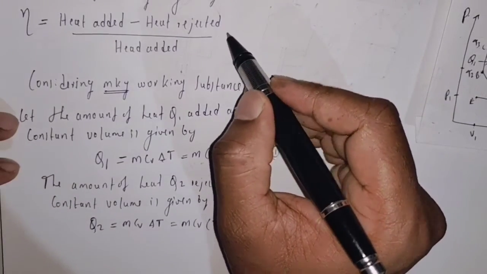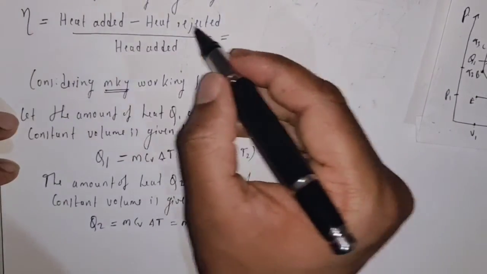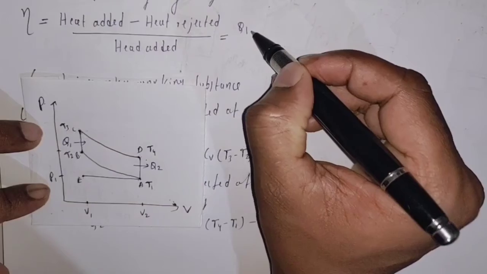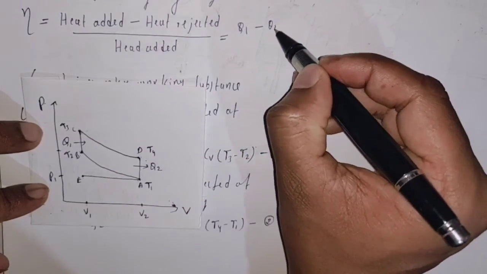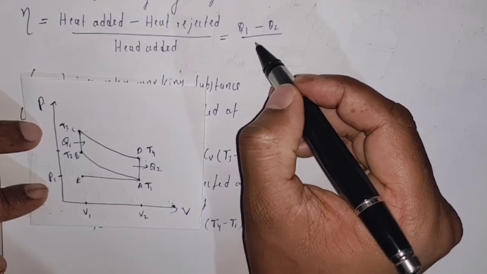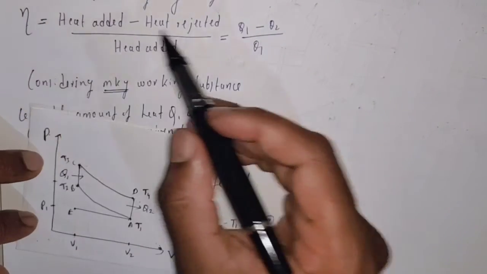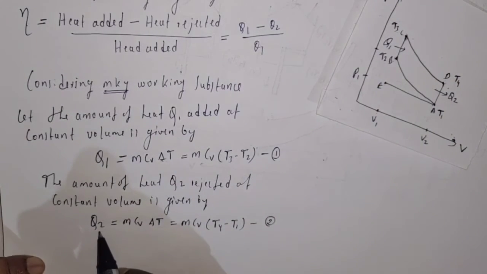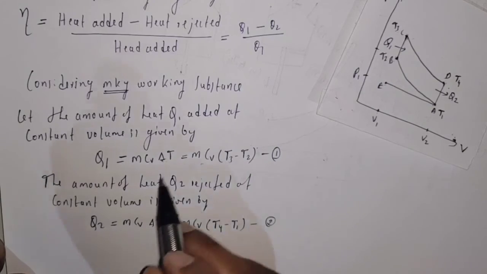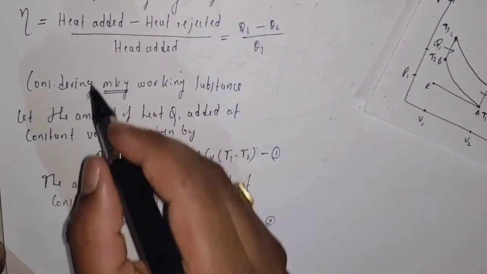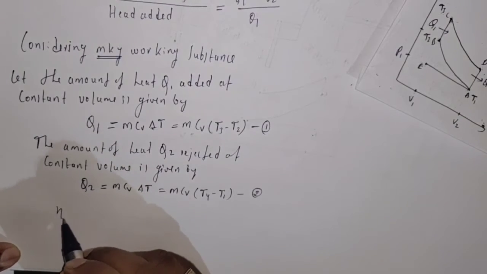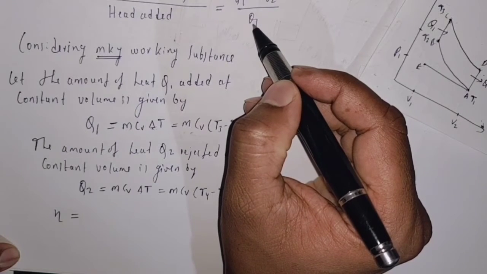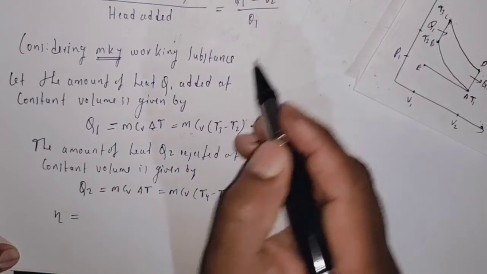And in the thermal efficiency equation we can write eta is equal to the amount of heat added, which is Q1, minus the amount of heat rejected, which is Q2, divided by the amount of heat added, Q1. So eta is equal to (Q1 minus Q2) divided by Q1. We have calculated the Q1 and Q2 values, and I am going to substitute these values in the above equation. Then eta is equal to Q1 by Q1, which is 1, minus Q2 by Q1.